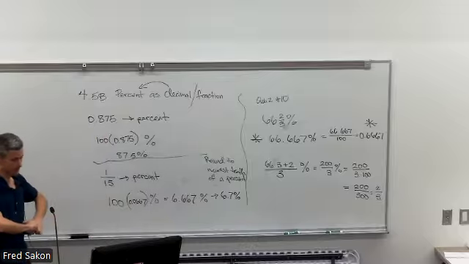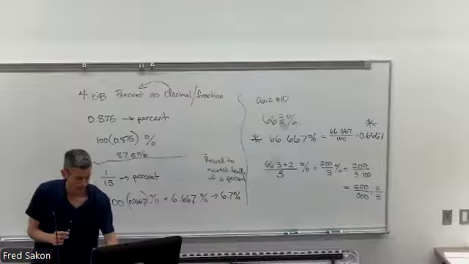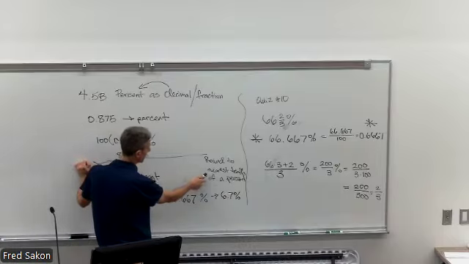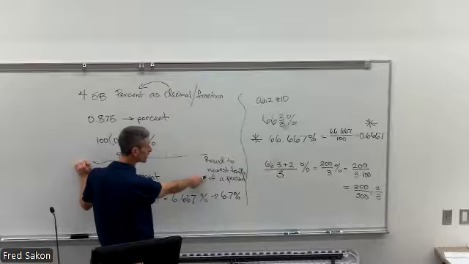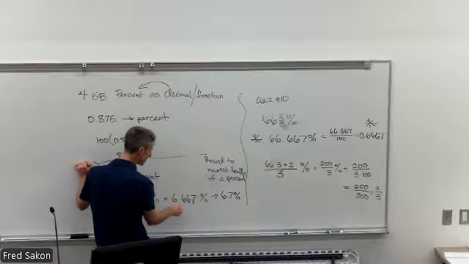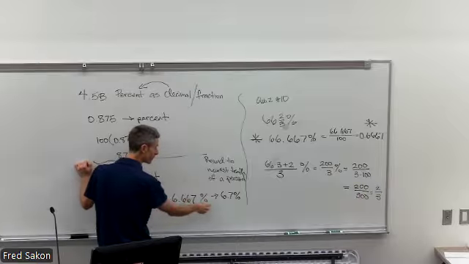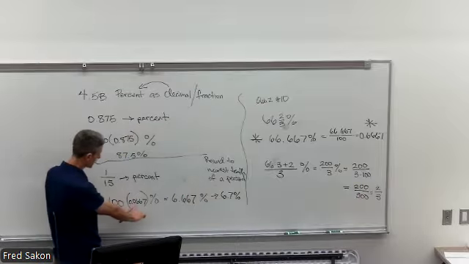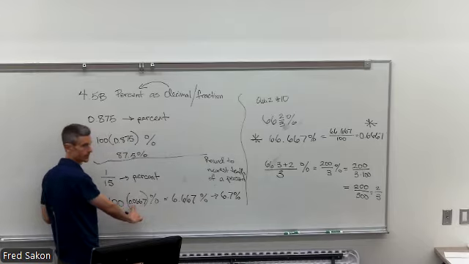The reason I throw that up there is because that's a very common ask in class in the fall. If you see nearest blank of a percent, you want to make sure you're in percent form first before you do that rounding. Because notice if we did that rounding back here, this place would be 1.